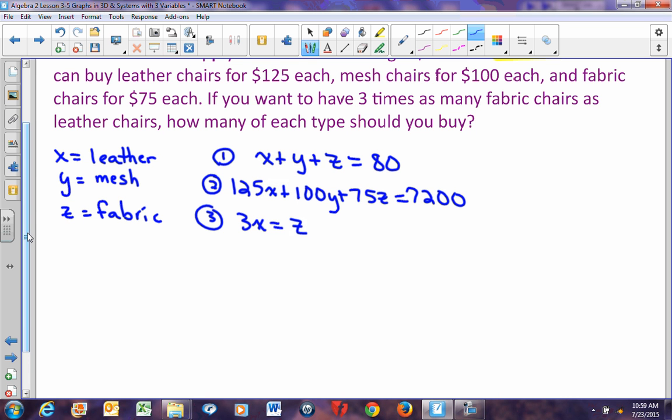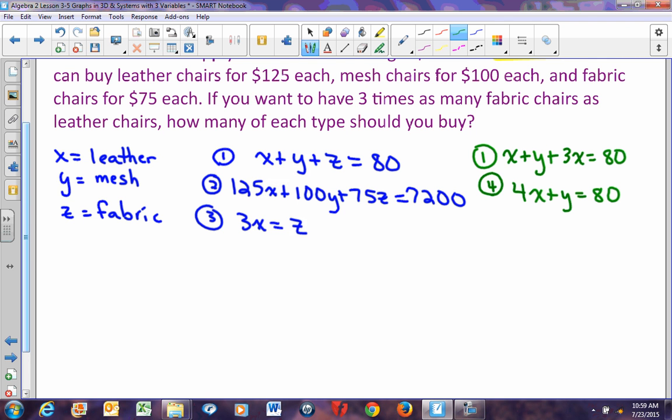I'm going to plug equation 3 into equation 1. So I have x plus y plus 3x equals 80. So by doing that, I now have 4x plus y equals 80. There's equation 4.